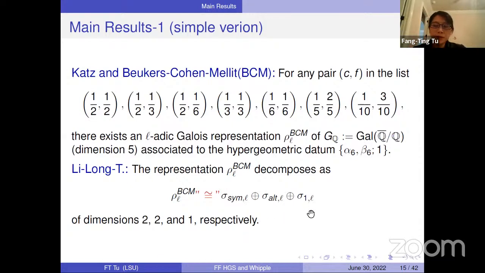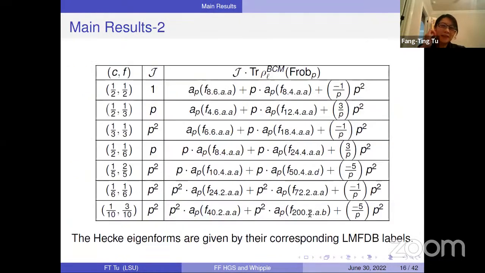Now we use the modularity of the 2-dimensional Galois representations, and then we can theoretically verify that the representations are modular. Then we use the data, compute the hypergeometric values, and use Serre's theorem to help identify the corresponding Hecke eigenform.